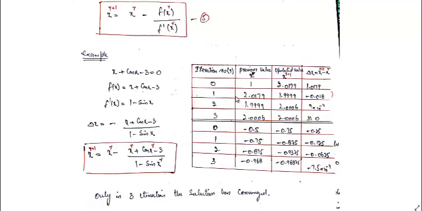Now here, for the first iteration, when r is equal to 0, since we started there also with x equal to 1, this is x r plus 1.